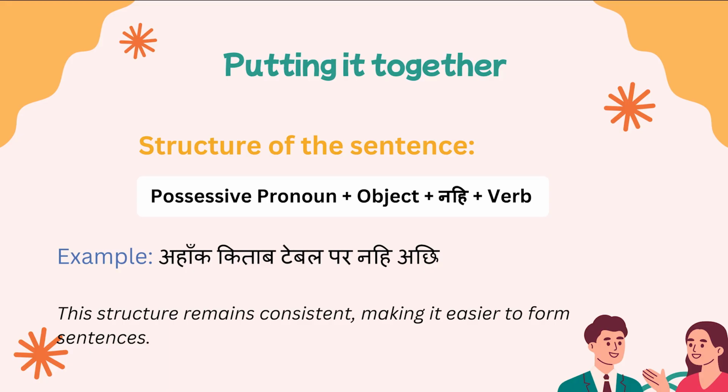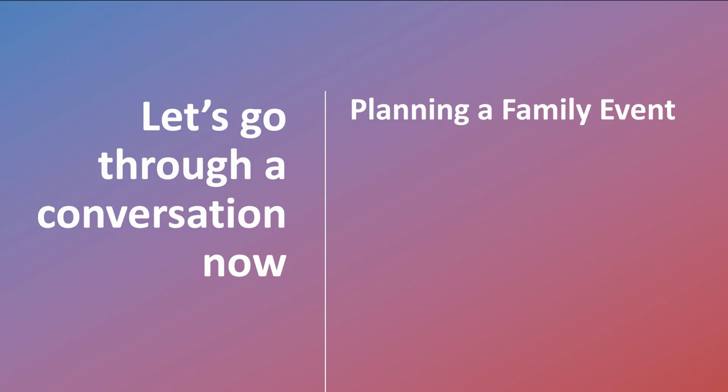Here अहाँक किताब becomes a noun phrase to which the possessive pronoun अहाँक has been attached. Table is the object and par is the postposition, and nahi achi is the verb, where achi is the verb and nahi is the negative particle attached to it. Now let's go through a conversation.